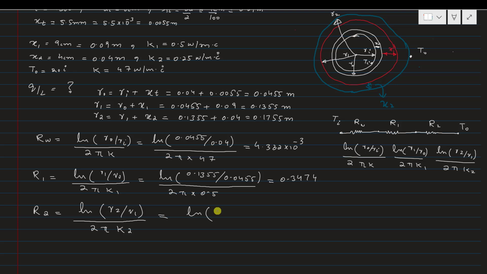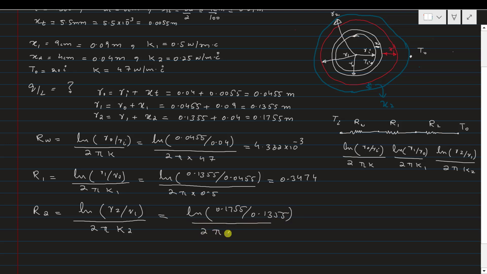R2 is calculated, that is 0.1755 divided by 0.1355, divided by 2 pi multiplied by K2, that is 0.25. After simplification, you will find its R2, that is 0.8246.